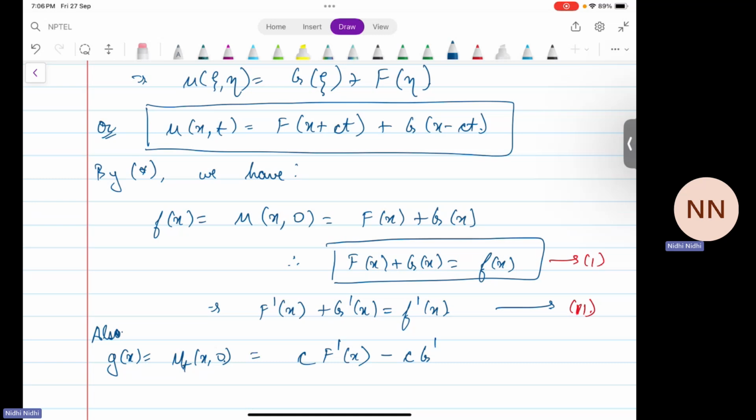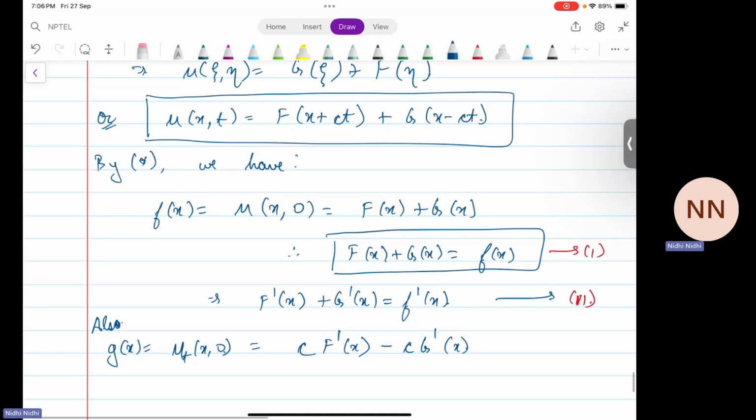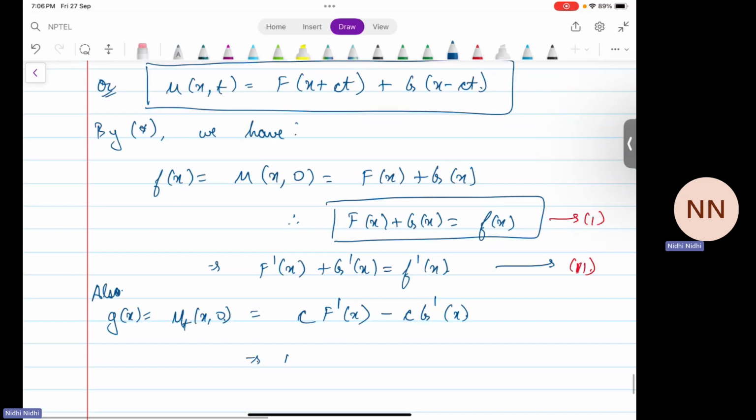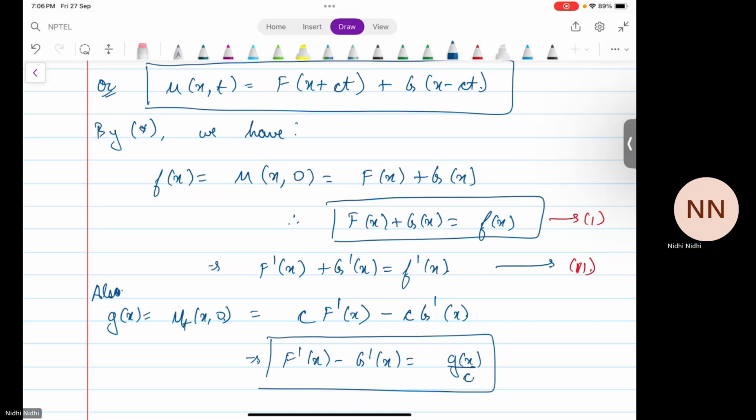Putting t equal to 0, we will be left with c times f dash x minus c times g dash x, equal to g of x. Now this will give us f dash x minus g dash x is equal to g of x by c. Let's number this one as third.